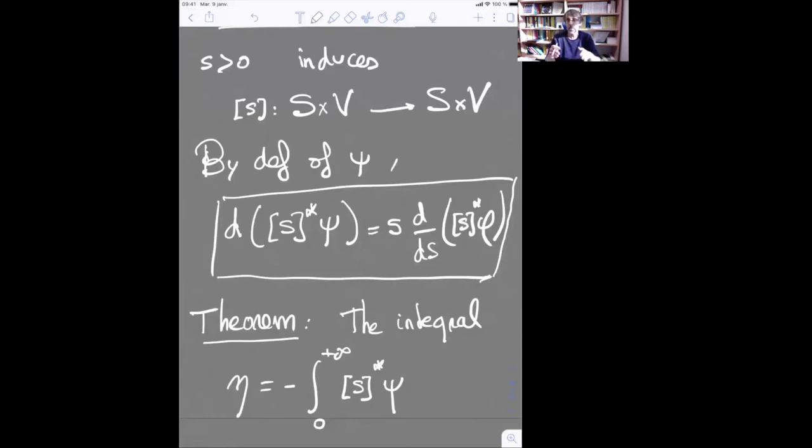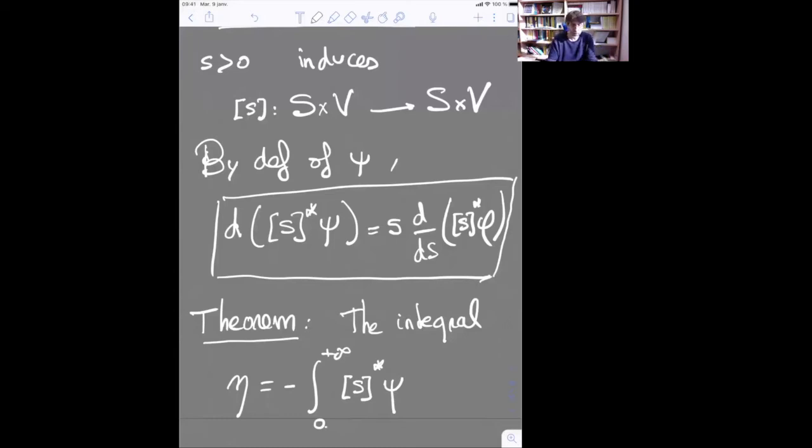It means that you have concentrated everything on only the term at zero. I mean, inside exponential minus s times the norm of v squared, if v is non-zero, then it tends to zero very fast. So you have a Gaussian that is very thin. And when s goes to zero, you tend to something that is the identity, that is flat everywhere.